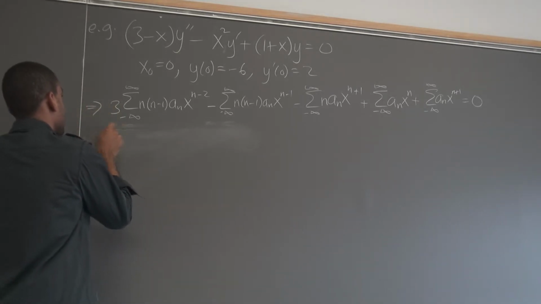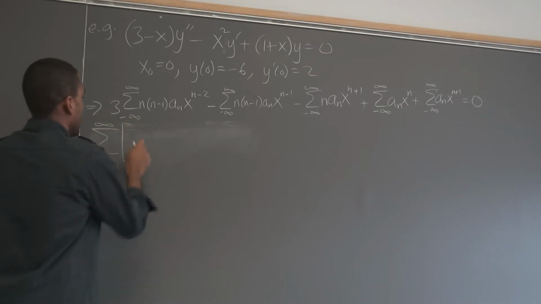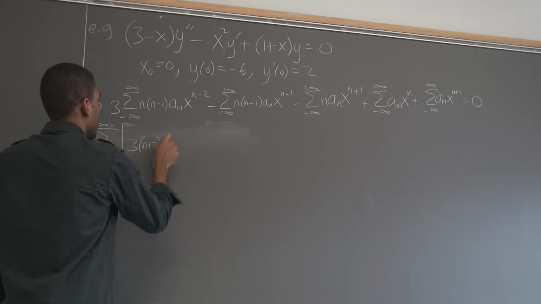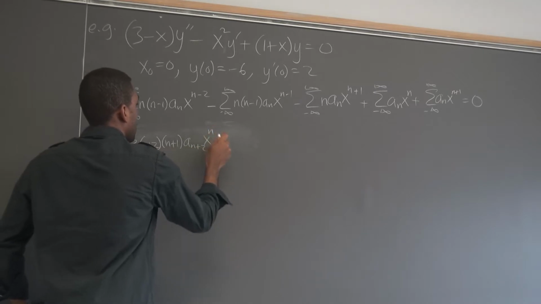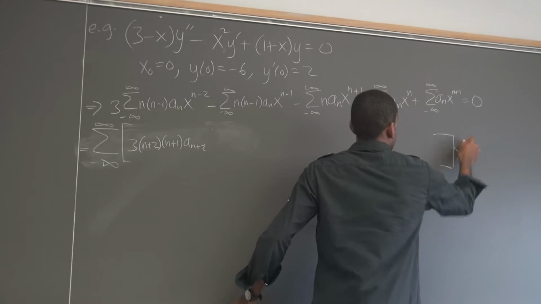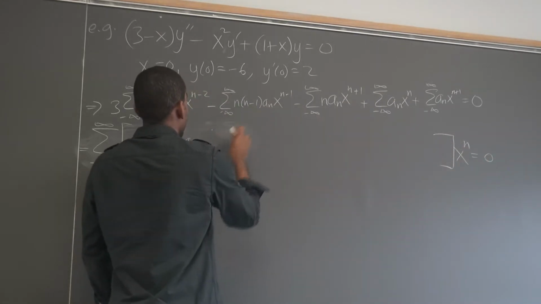So if I take the big series from infinity of 3. Here I'm going to shift all n's to n plus 2's. I'm going to throw that x to the n all the way up above. Here I'm going to shift all n's to n plus 1's.